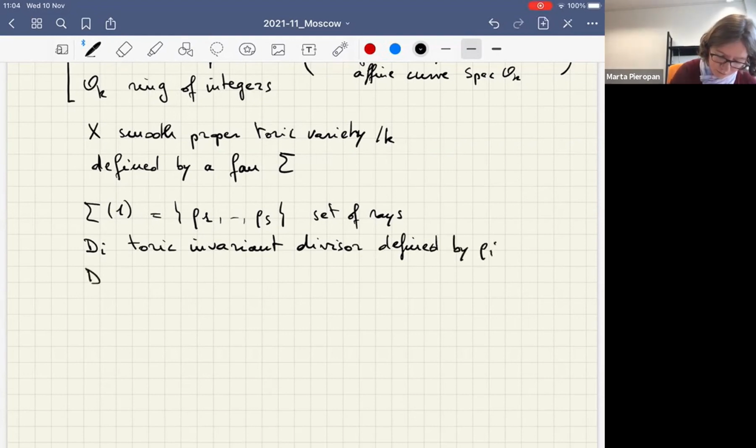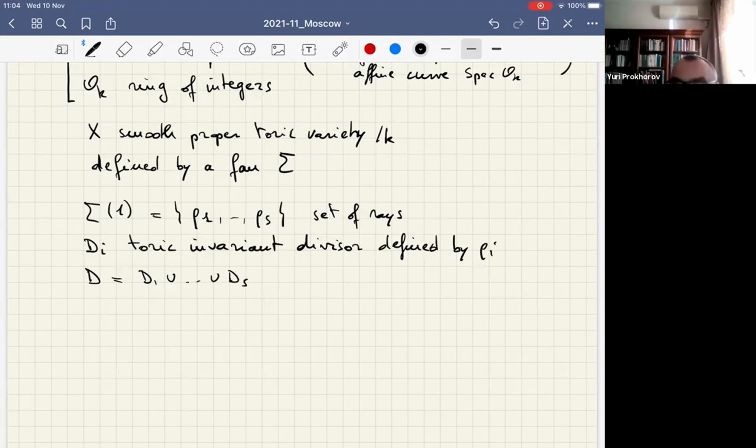And then I'm going to give also some notation to the union of these, the union of the D_i. This is the toric boundary of my toric variety. The complement of this toric boundary is the open torus orbit.